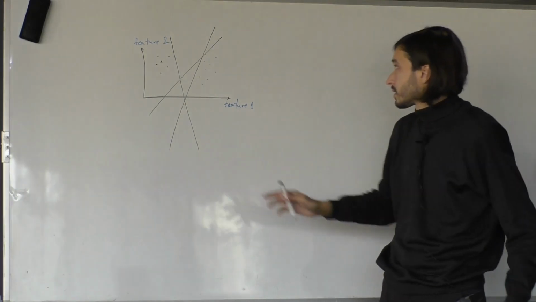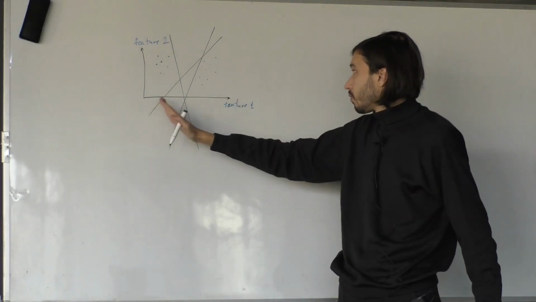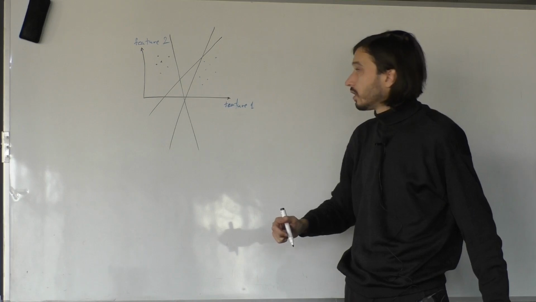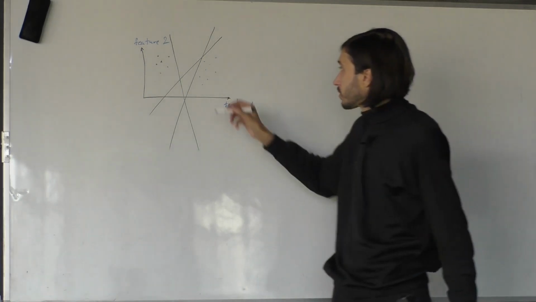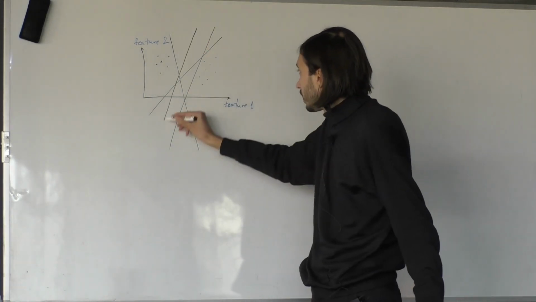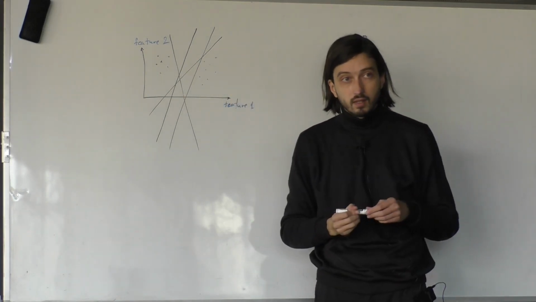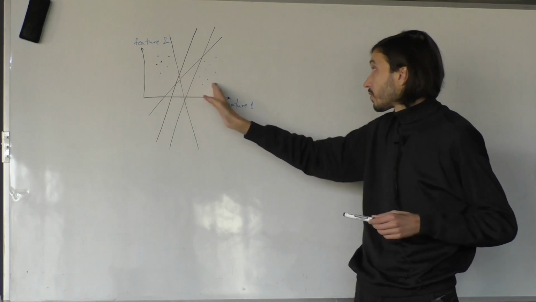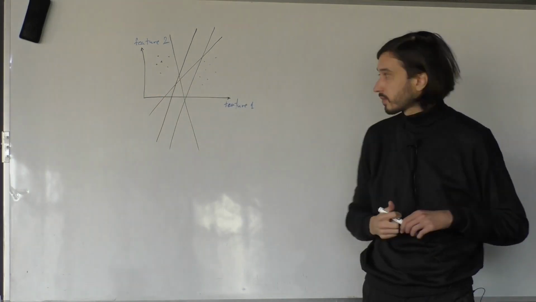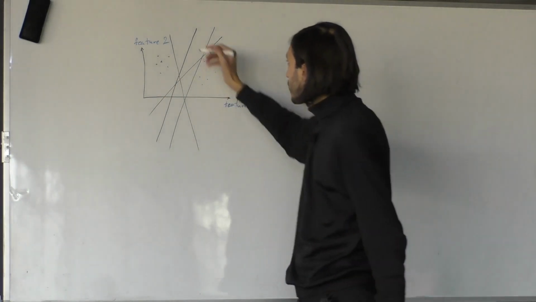I often ask someone to think which of these lines will we consider the most natural way to divide the plane into parts and separate these points. So let me enumerate them.